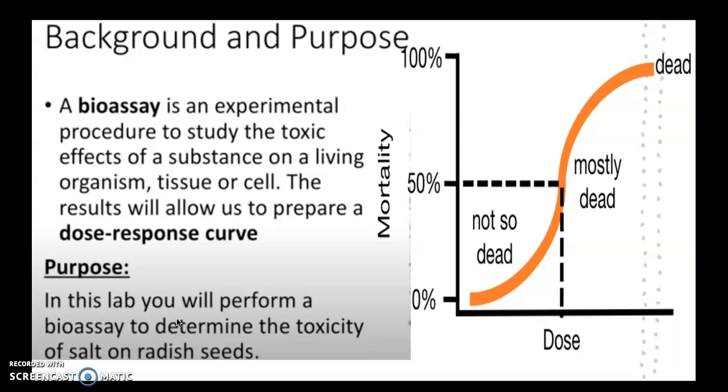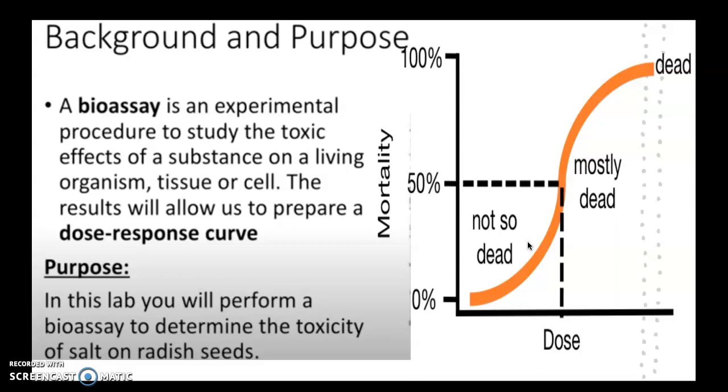You can see on the right side of the page an example of a dose response curve. When you look at the LD-50, it's that 50% mortality that you're seeing right in here. That 50% mortality shows you that at that point we're going to have 50% of the organisms dying and 50% of them not dying.